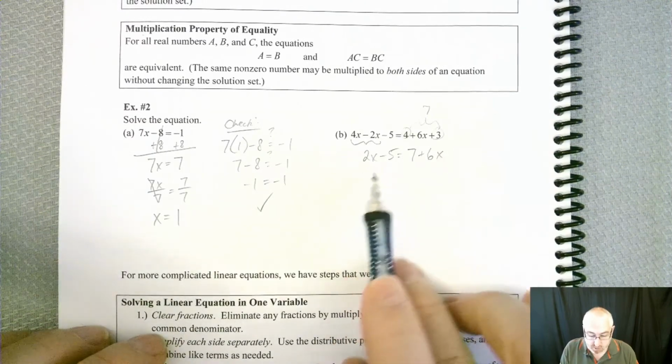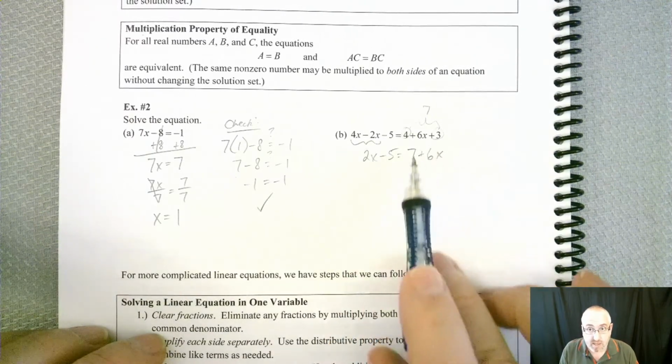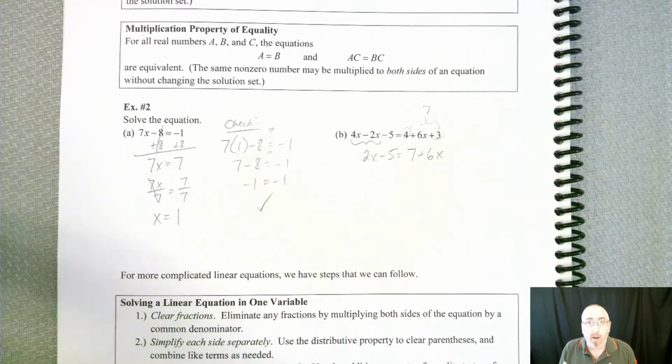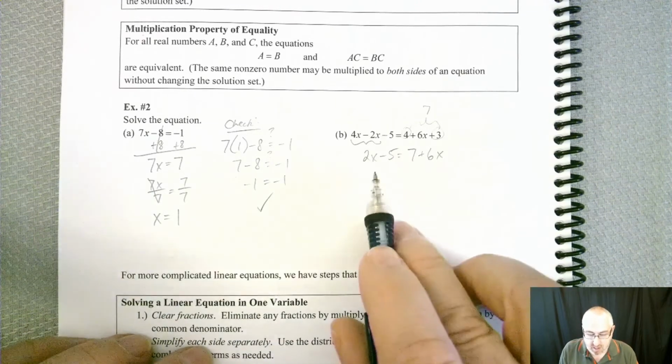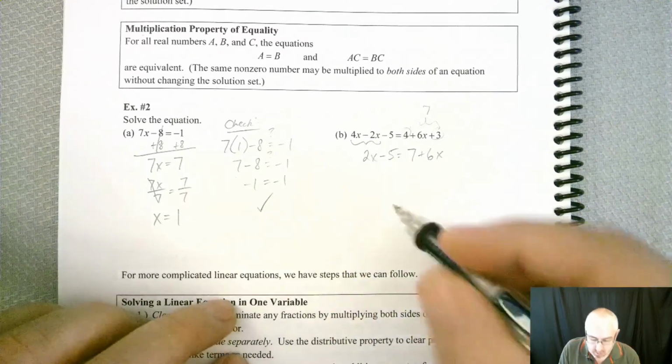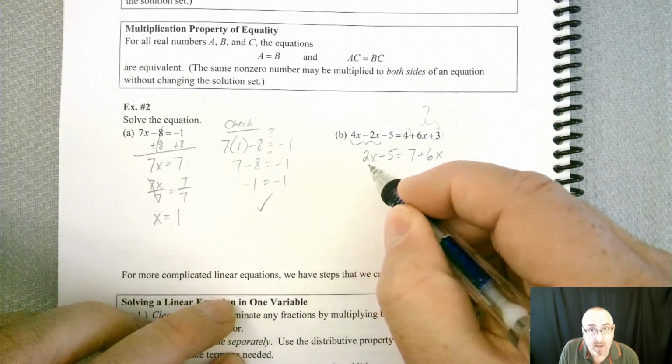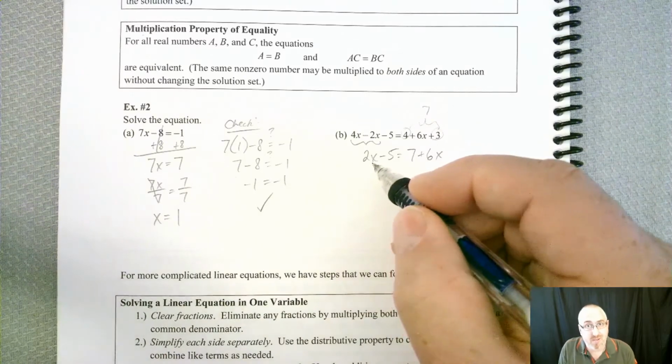So am I going to move this 2x, or am I going to move this 6x? The rule I would recommend is to always move the smaller of the two. Whichever one's smaller, move that one. In this case, that's the 2x. Because it's a positive 2x, we have to do the opposite and subtract it.